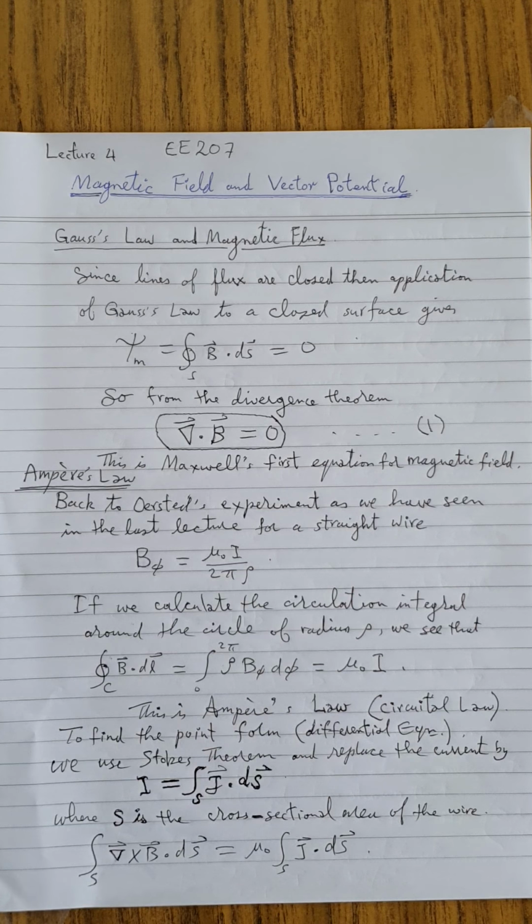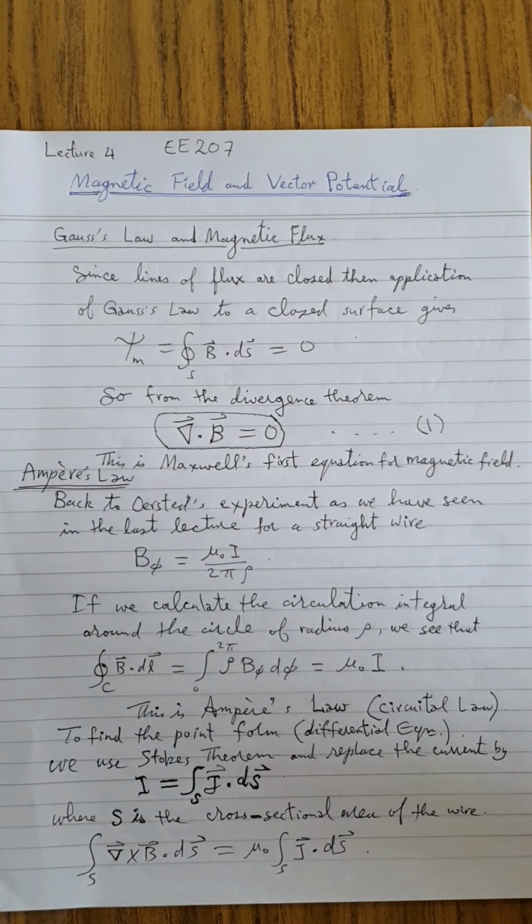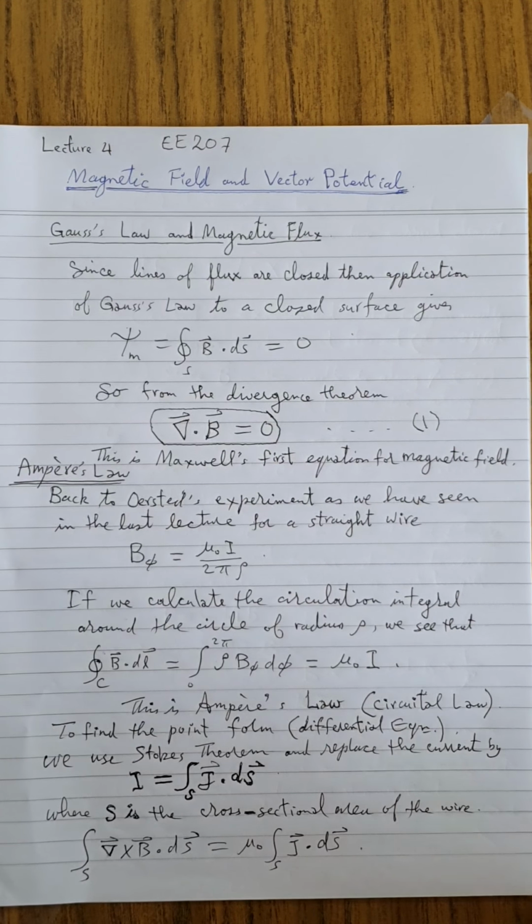Now we consider Ampere's circuital law. If we go back to Ørsted's experiment, as we have seen in the last lecture, for a straight wire, B was in the direction of phi, equal to mu naught I over 2 pi rho.